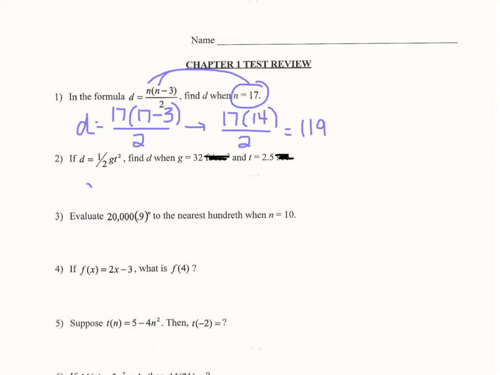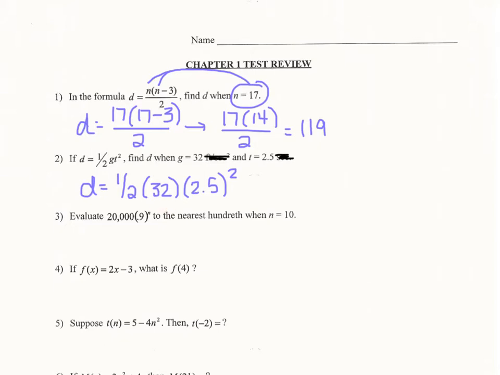So to find this answer, I'm going to do D equals 1/2 times 32 times 2.5 squared. The other thing you want to watch out for with this is to be careful with your order of operations. If you were going to try to do this by hand and not just plug it into a calculator, which I actually recommend with a problem like this, that you just put it straight into a calculator, because your calculator will take care of those order of operation issues.